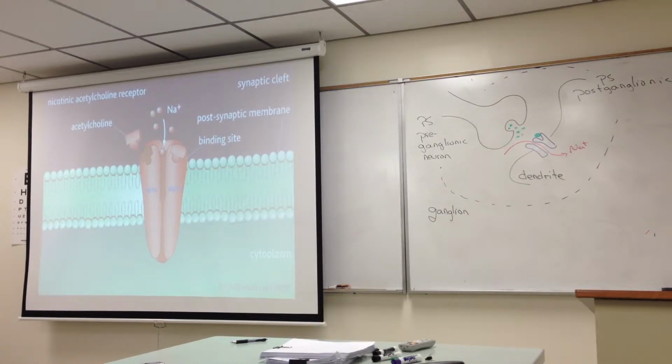So they could use nicotine to differentiate between this acetylcholine receptor versus other acetylcholine receptors. All right? So it really is an acetylcholine receptor, but we can narrow it from other types by the fact that it binds nicotine. So it's called a nicotinic acetylcholine receptor.